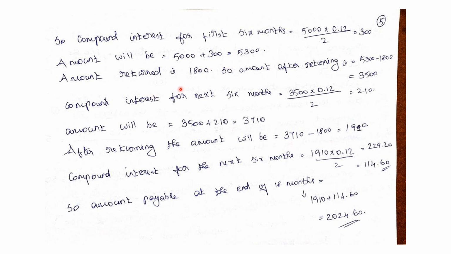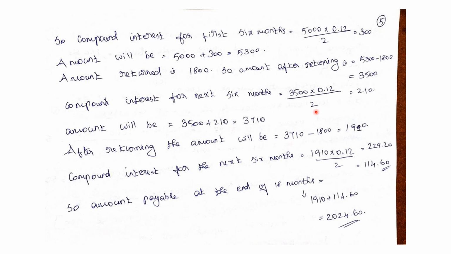Amount returned every 6 months: he is returning 1,800. So 5,300 minus 1,800, 3,500 at the end of 6 months. Compound interest for the next 6 months: we need to take this amount as the principal, 3,500 into 0.12 divided by 2, because the interest is compounded half yearly.